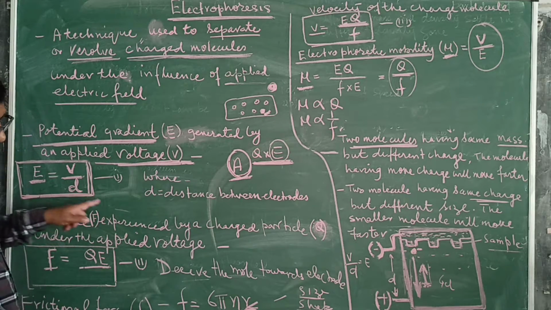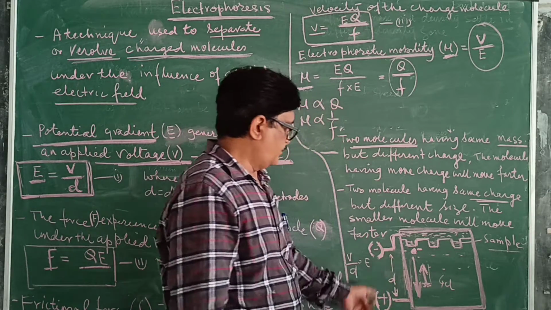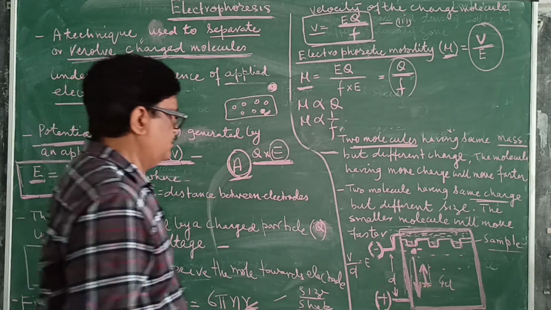The larger the D, the smaller will be the potential gradient.